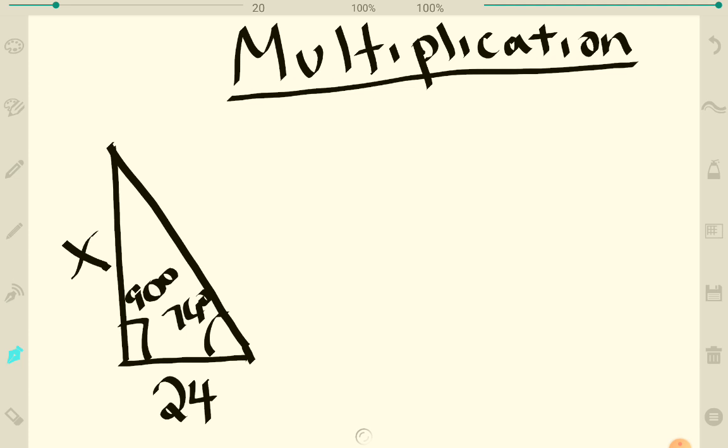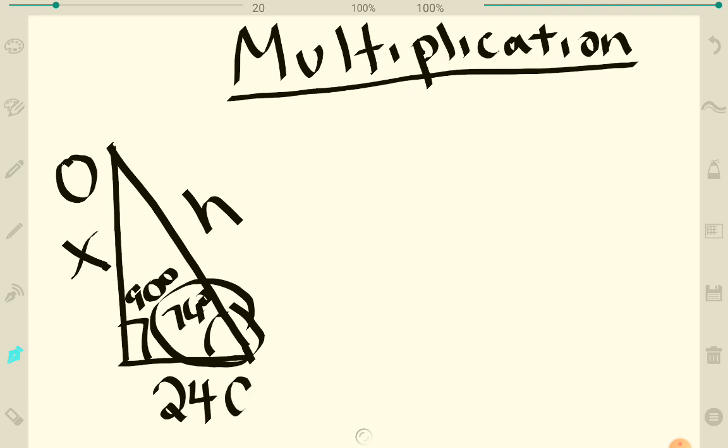So basically, to do this, you find your angle measure that you've been given. The side opposite it you label O. The side opposite from the right angle is hypotenuse, and the remaining side would be adjacent.